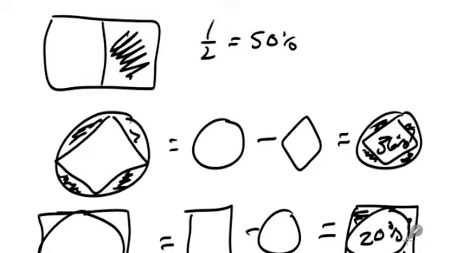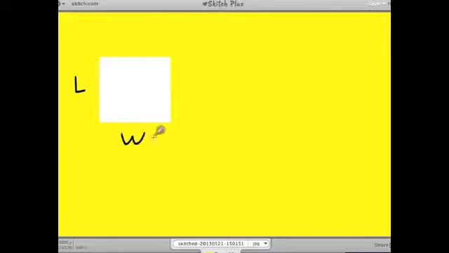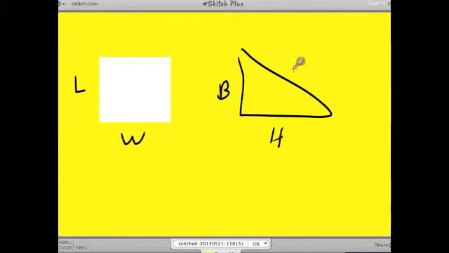Okay team, I hope you found these videos helpful. Again, you've got to review your core math. Your core math is always going to be extremely helpful. Length times width for a rectangle. For a triangle, it is 1/2 base times the height, because that's always going to be half the area of a rectangle.